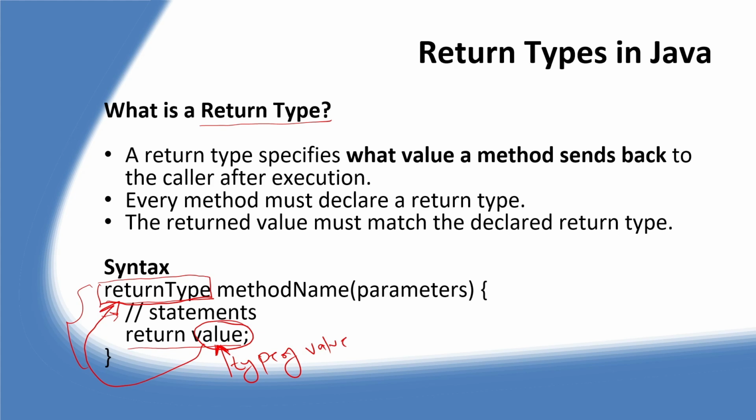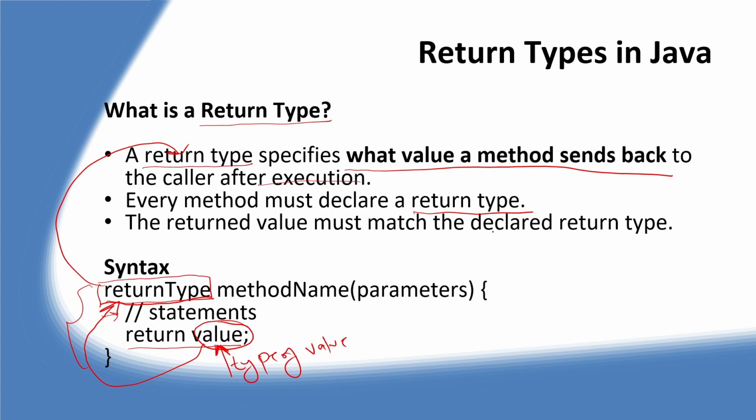Here it is written, a return type specifies what value a method sends back. This is the return type. So this method is sending it back after execution. Every method must declare a return type.